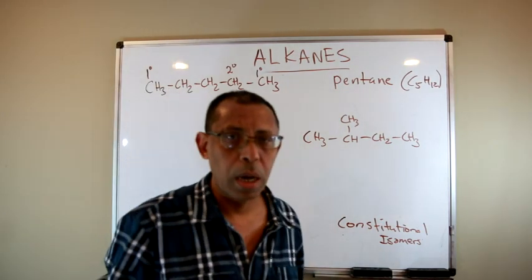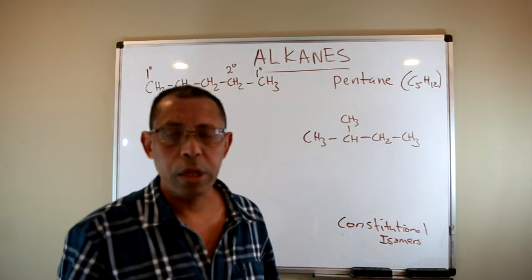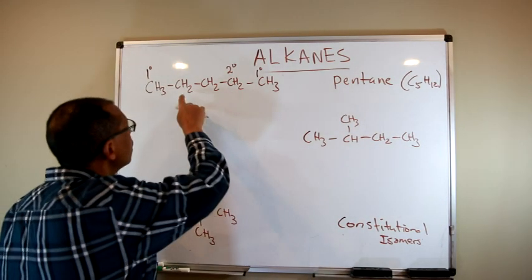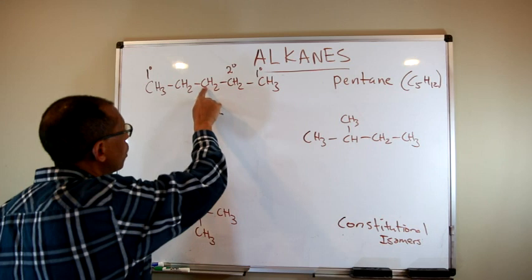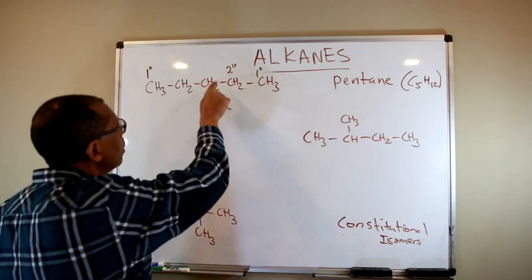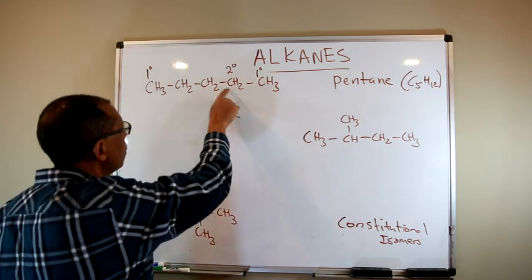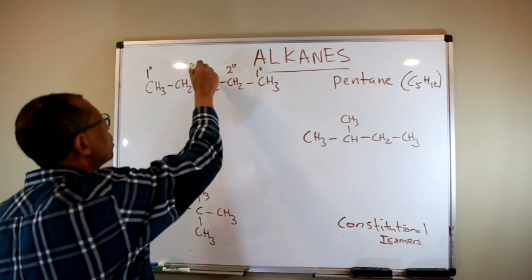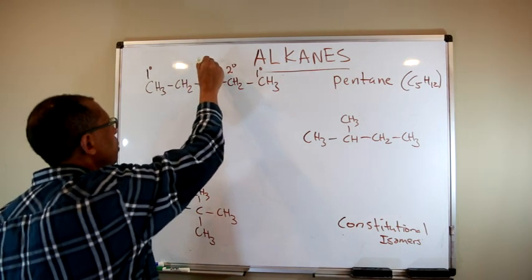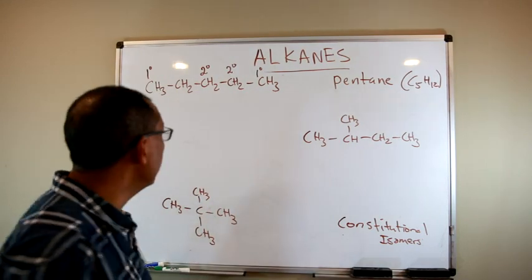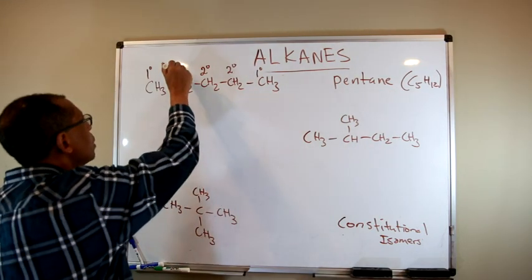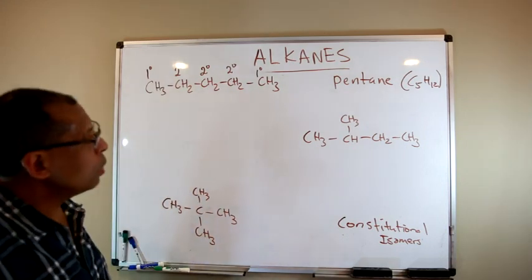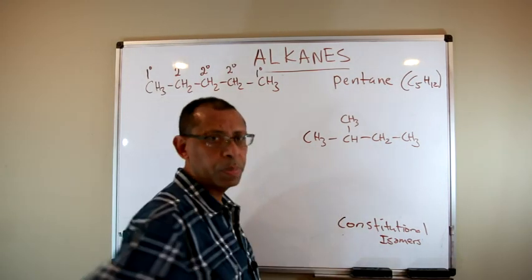This is an important concept when we do reactions, to know which carbon is reactive or not. This carbon is directly bonded to this carbon and to this carbon, therefore it is also a secondary carbon. And this one is also a secondary carbon. Now let's come to this one.